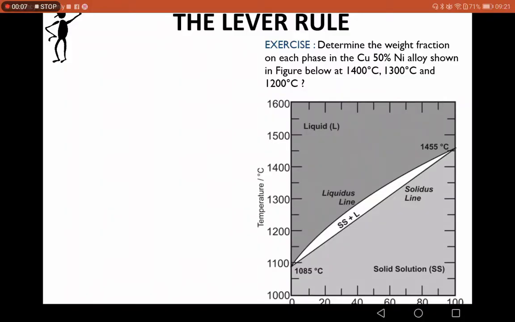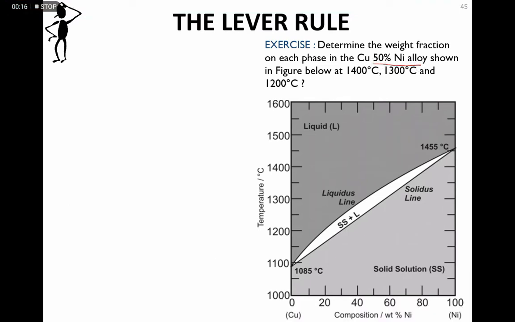Exercise. Determine the weight fraction of each phase in the copper 50% nickel alloy shown in the figure at 1400 degrees Celsius, 1300 degrees Celsius and 1200 degrees Celsius.